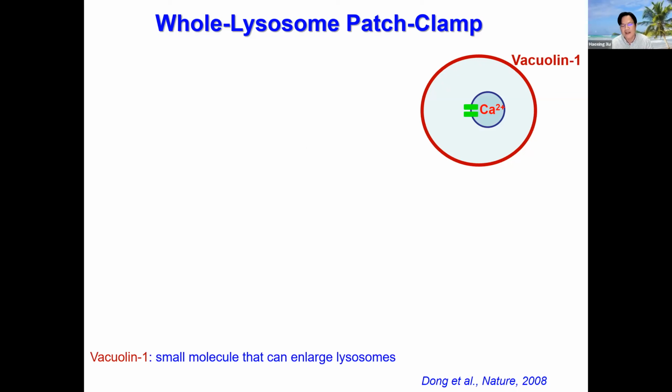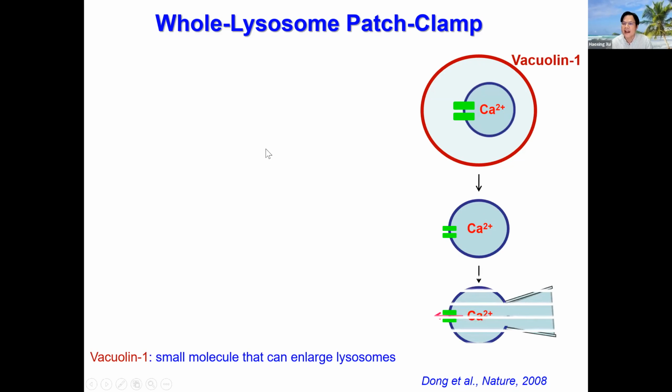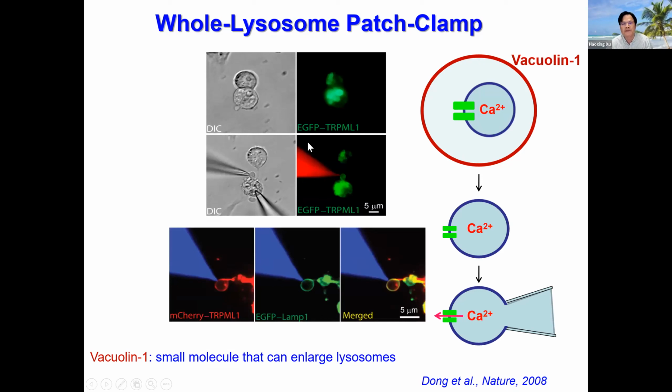Then we cut the cells open and let the lysosomes release into the dish. Now we can perform patch clamp experiments directly on these isolated lysosomes. The identity of the lysosome can be conferred by LAMP1, lysosome-associated membrane protein 1, which is only present in the late endosome and lysosome.